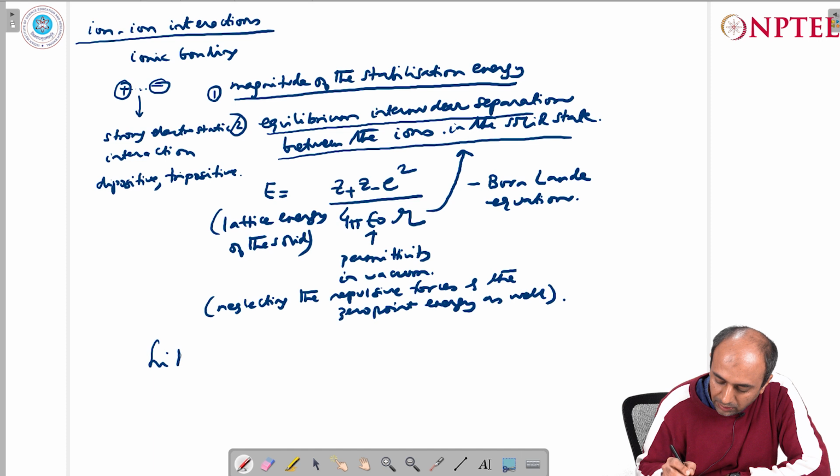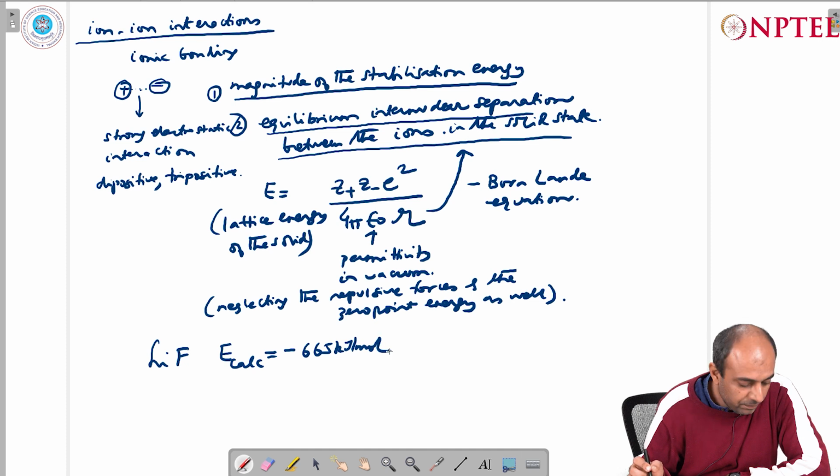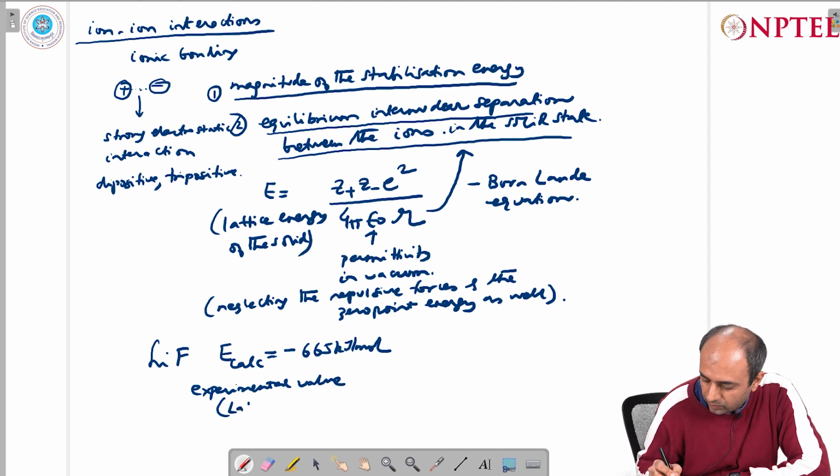In this regard, I can consider one particular example. For example, in the case of lithium fluoride, the E calculated is minus 665 kilojoule per mole, whereas the experimental value of the lattice energy is 765 kilojoule per mole.